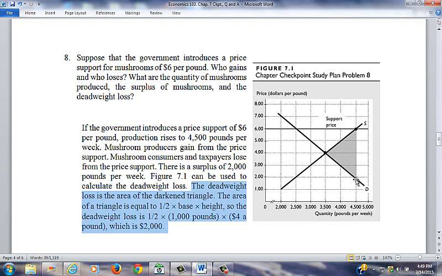So $6 minus $2 is 4. So this height here will be 4, and then this distance here is 4,500 minus 3,500, or 1,000. So it's going to be 1/2 times 1,000 pounds times $4 a pound, which is $2,000. Deadweight loss of $2,000.